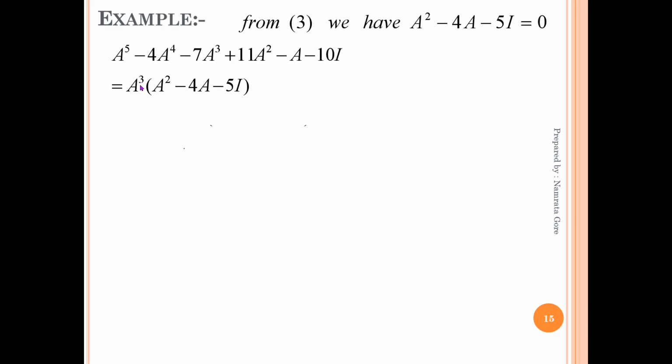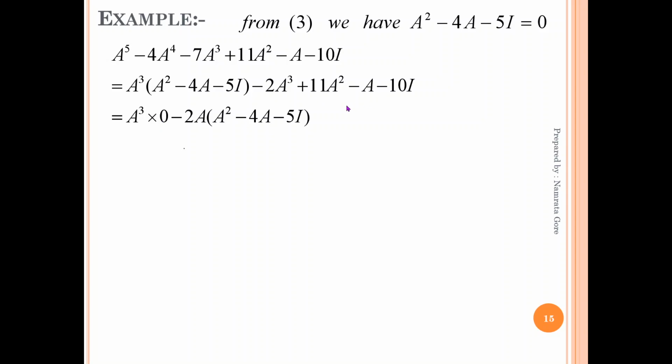This is minus 5A cube, minus 2A cube will be left, and therefore we get here minus 2A cube plus 11A square minus A minus 10I. The expression in the bracket is 0 from equation 3, and therefore here we have substituted 0.